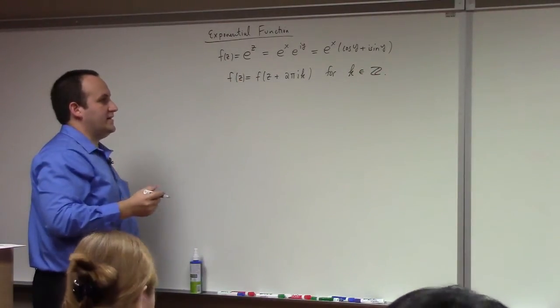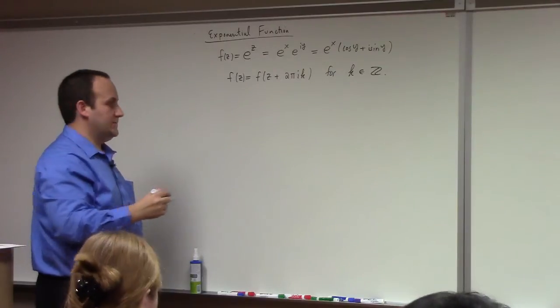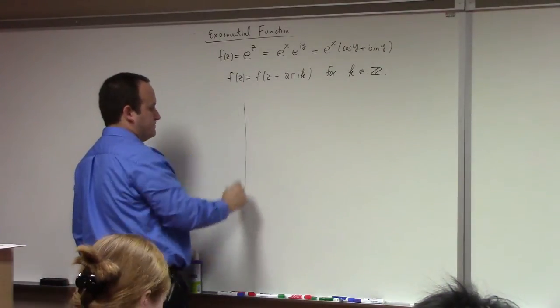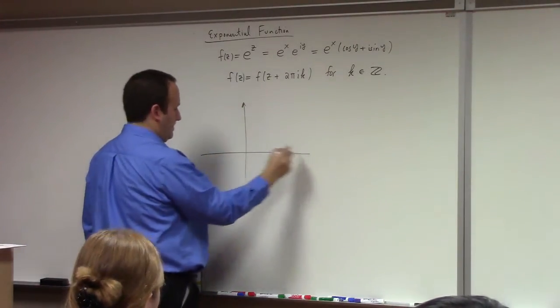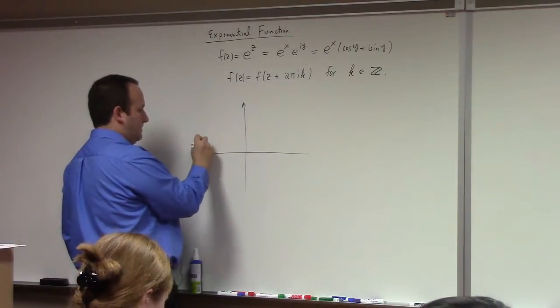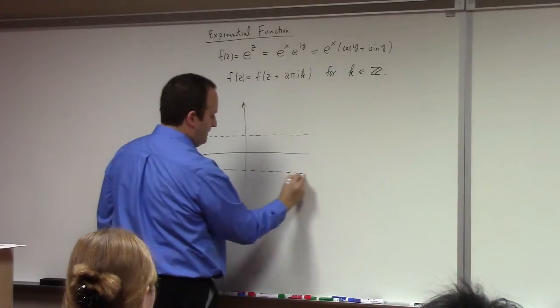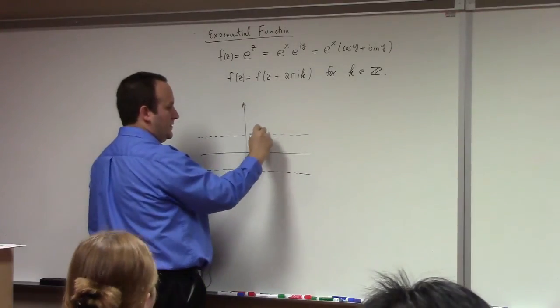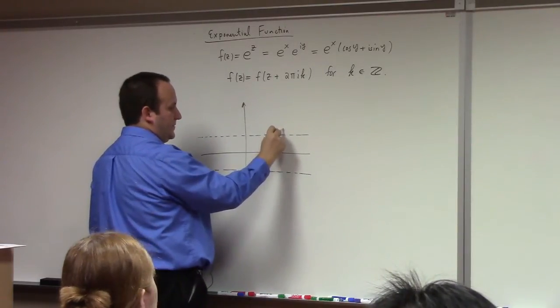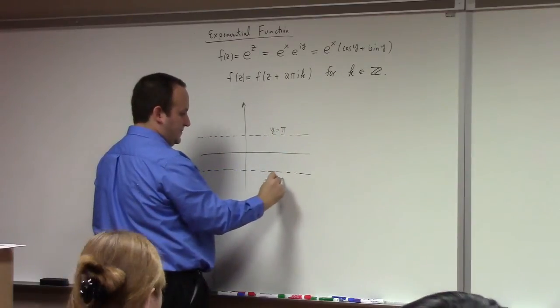And so if you look at a horizontal strip, like this one, I think I did last time. So here you've got y is equal to pi, y is equal to minus pi.